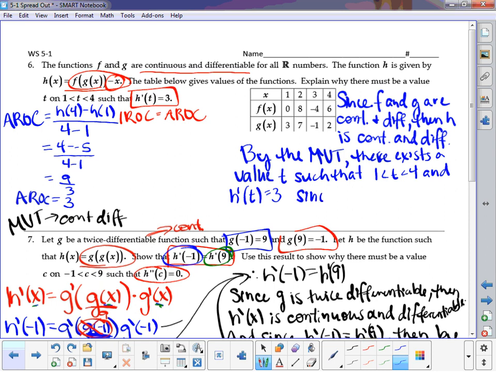And we need to specify that our average rate of change is 3, so we'll say since h of 4 minus h of 1 over 4 minus 1 equals 3. So we meet the conditions for the mean value theorem, so there must be a time where my derivative equals 3, because my average rate of change is 3.